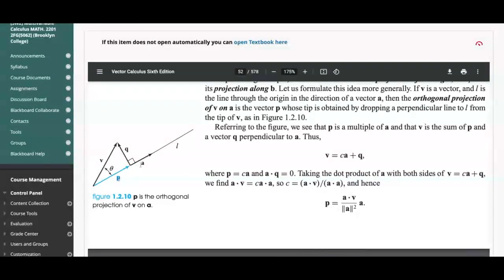So P and A here are collinear. You see the line L? Which means the representation of P and the representation of A are equal. So here we're projecting V onto A or onto the line L. What do we get? We get a vector P.